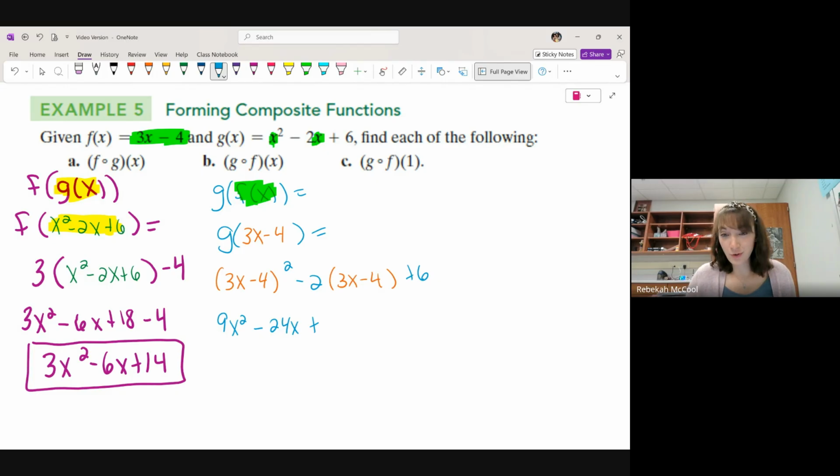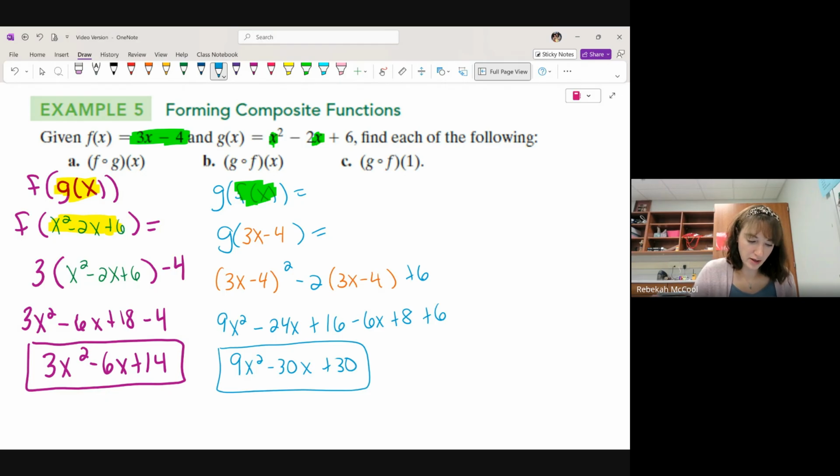So plus that negative 4 squared, which is going to be 16. We can distribute that negative 2. So negative 2 times 3x is negative 6x. And negative 2 times negative 4 is an 8. And then we'll still have the plus 6 on the outside. So combining like terms, negative 24 minus 6 is going to be minus 30x. 16 plus 8 is 24, plus another 6 is going to be 30.